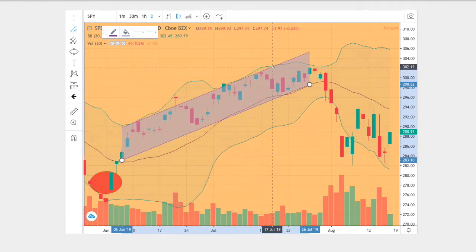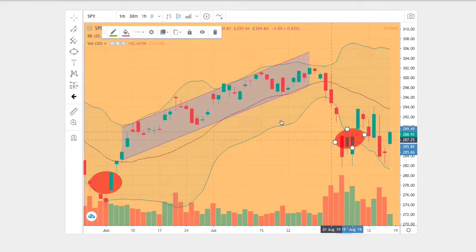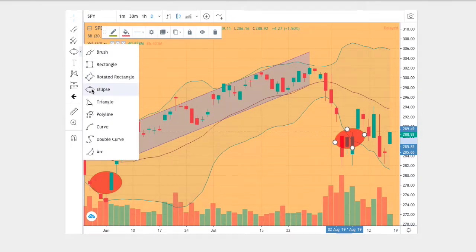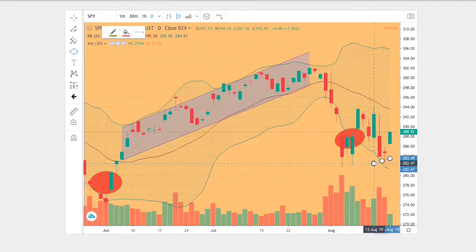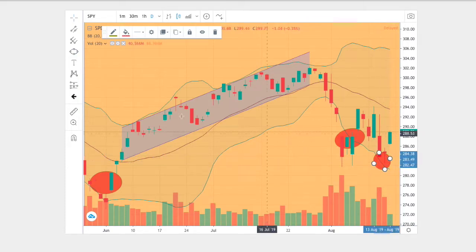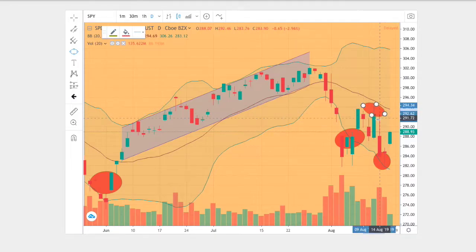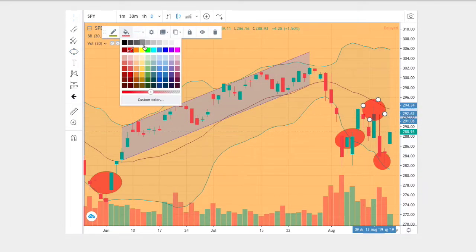We lose steam to touch the bottom Bollinger Band at this instance, and another instance right towards the end where we got off both back in Thursday and Wednesday, and in between is an attempt to touch the middle Bollinger Band right here.